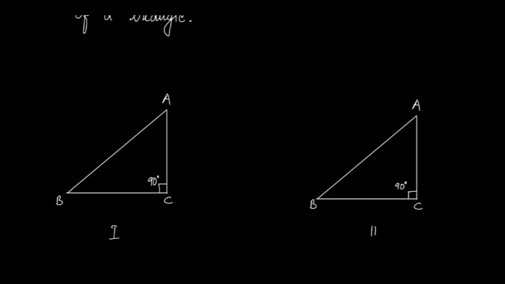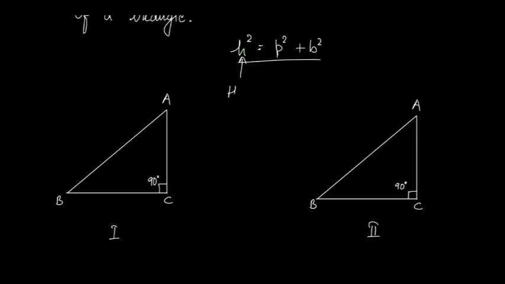Now see these figures. In the first triangle ACB, angle C is a right angle, and in the second triangle ACB, angle C is also a right angle. What is the difference in both figures, that we are going to determine here.